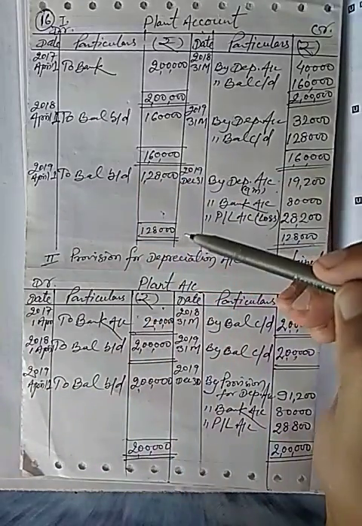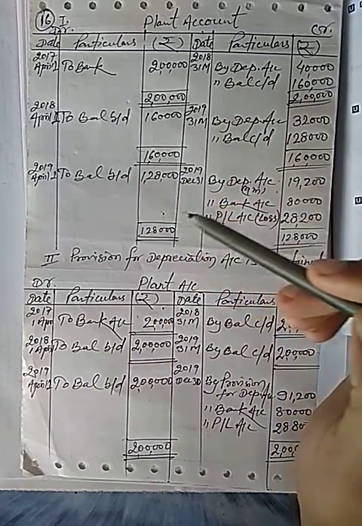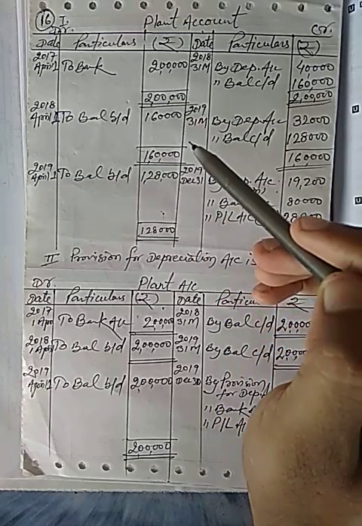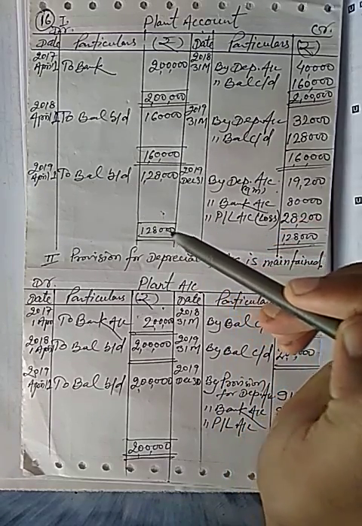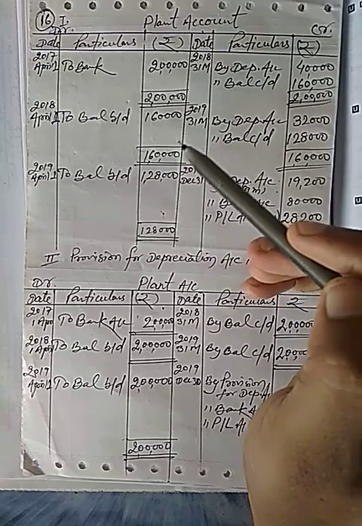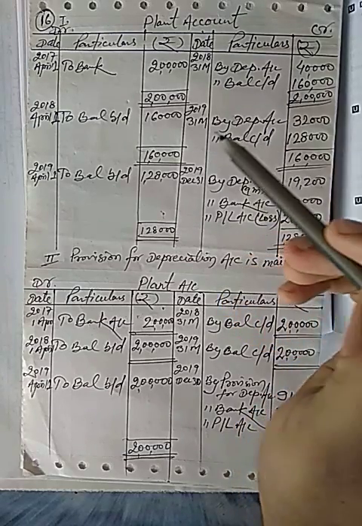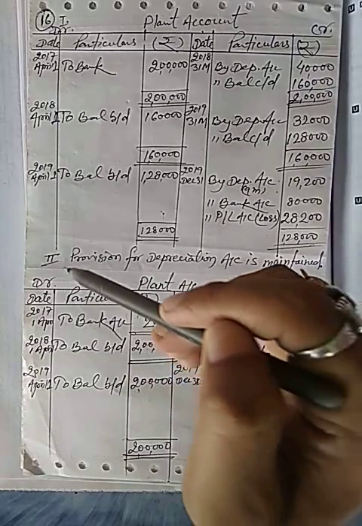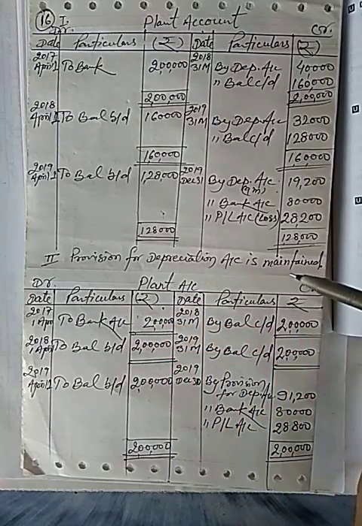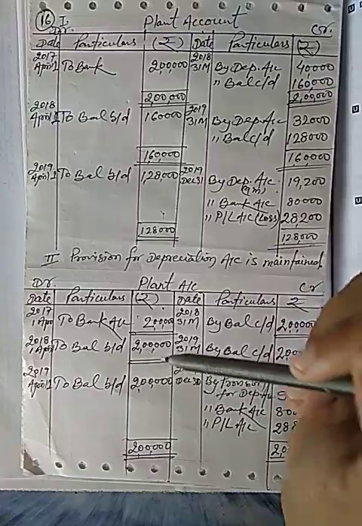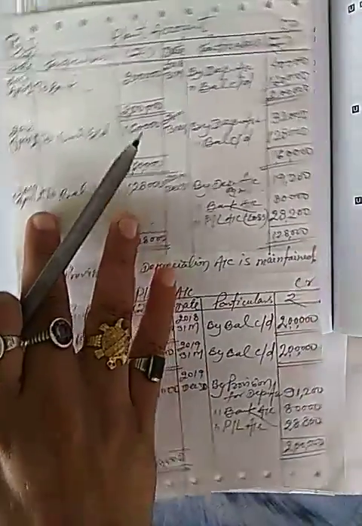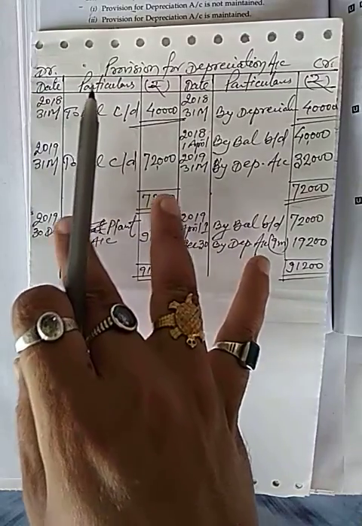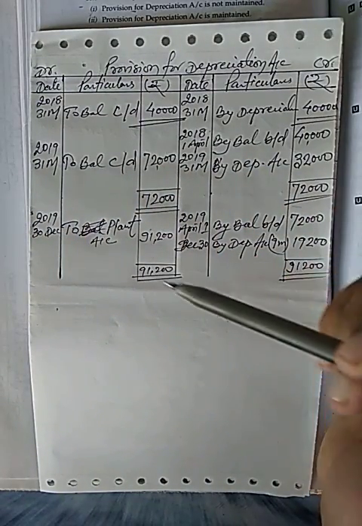This is the first case when provision for depreciation account is not maintained, and this is the second part when provision for depreciation account is maintained, and also the solution of this side. You can take a screenshot.